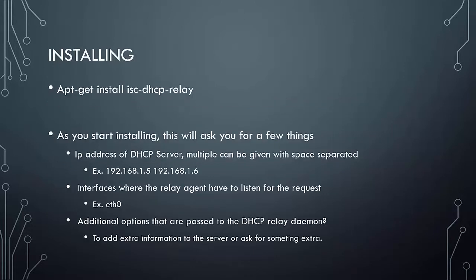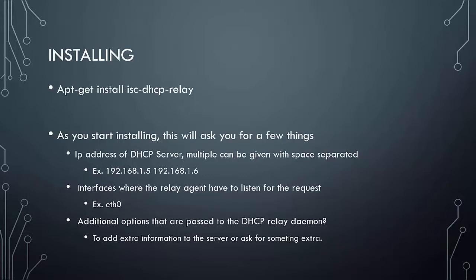To install, we will be using the ISC DHCP relay package. While we install, a wizard will ask you how you want to configure. First, he will ask for the DHCP server IP address. The second thing he will be asking is on what interface he can receive the DHCP requests from the hosts and send them back to.